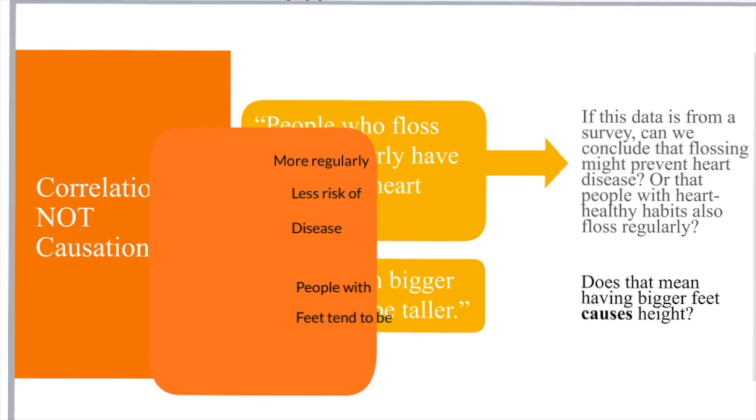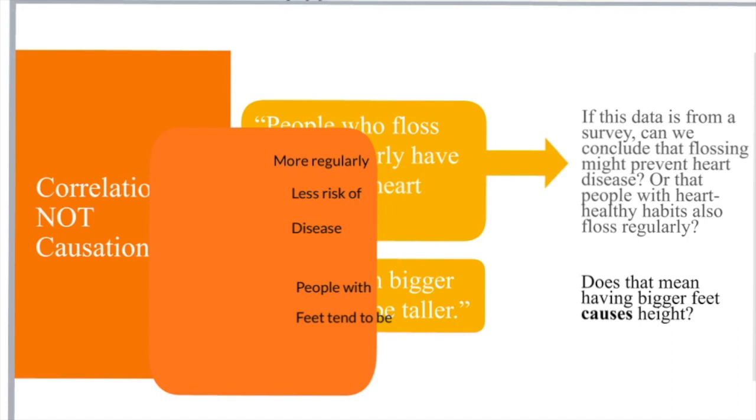So when we say correlation does not equal causation, while there is an increase in flossing, people who floss more are also the same people who are less likely to have heart disease. That does not mean that flossing leads to less heart disease.